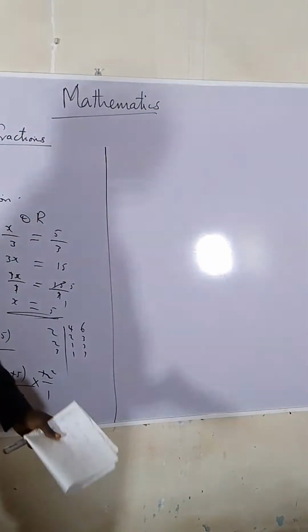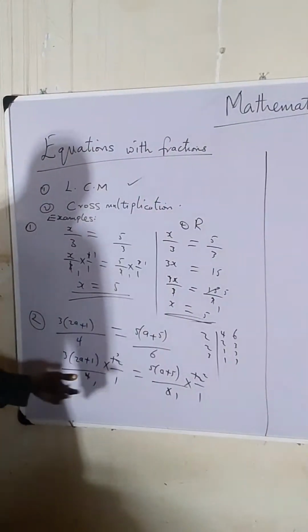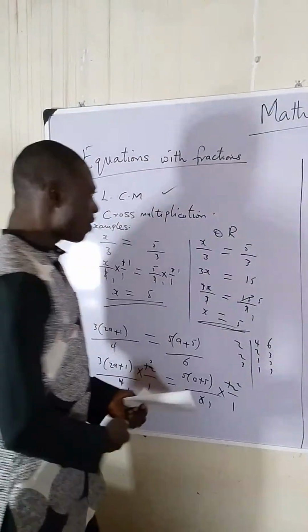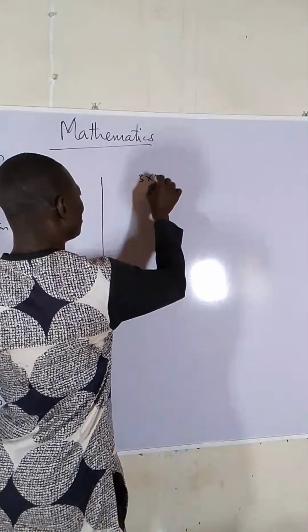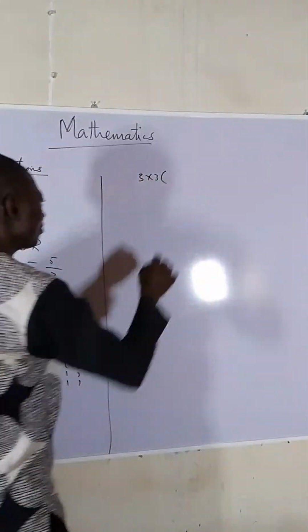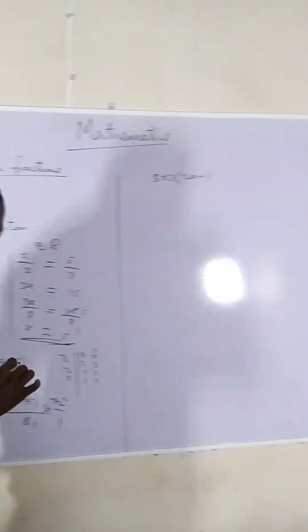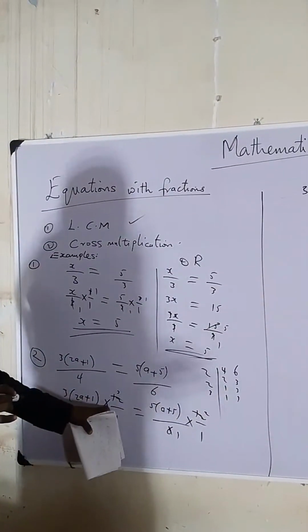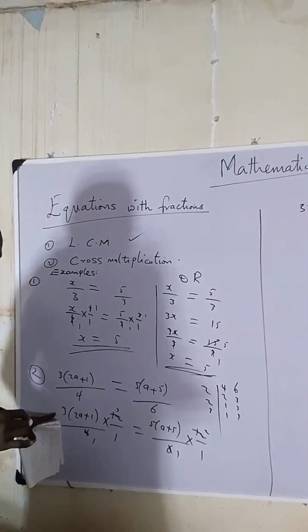Then we quickly go to open that bracket. But before then, what we have here is 3 times 3. Before we open this bracket, we are going to have 3 times 3 into 2a plus 1. All right, I hope you understand that. That is what we are getting from here. This 3 times this 3, we bring it here so it will be easy for us to talk about.